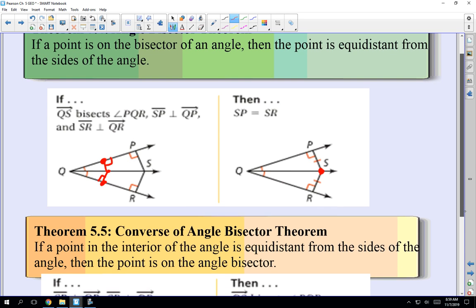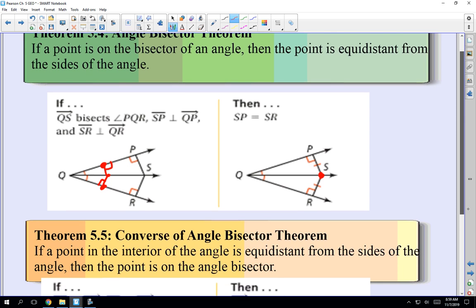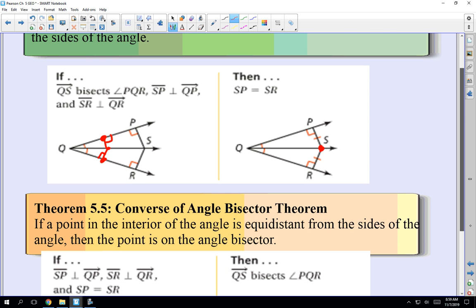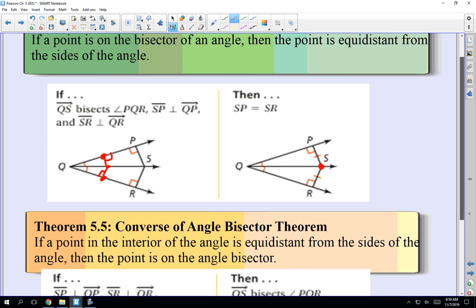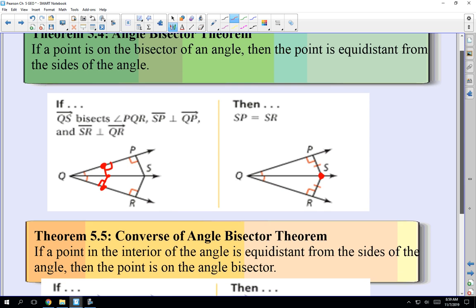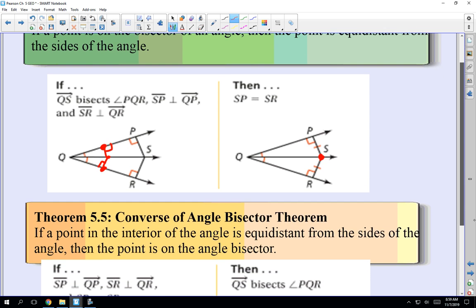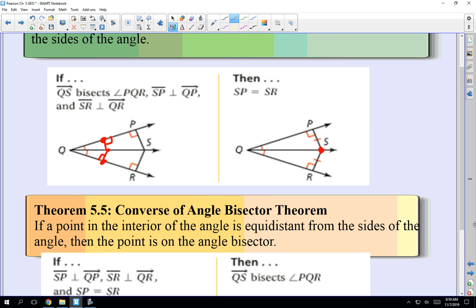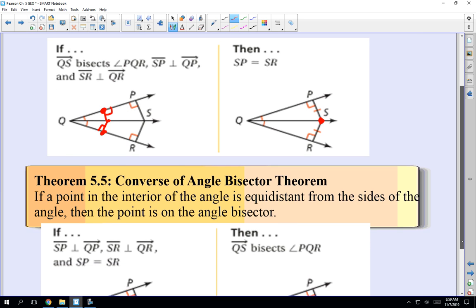That's theorem 5.5. So we got 5.2 and 5.3 are converses of each other. 5.4 and 5.5 are converses of each other, and they have to do with those two constructions we just did the other day. Review.